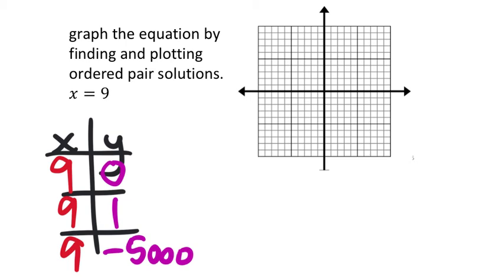So what would this look like? Well, 9, 0 is right here, and then 9, 1 is right above it. And you could keep putting points right there, but it's just a vertical line. Let's see if I can get the technology to work on this. That's okay. See that green line right there? So if you get x equals, you get a straight vertical line like this.